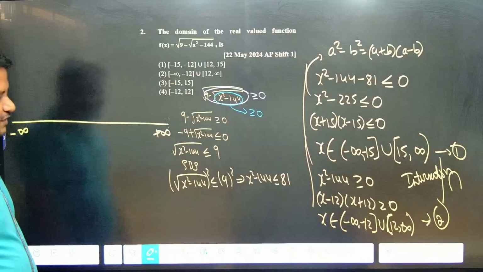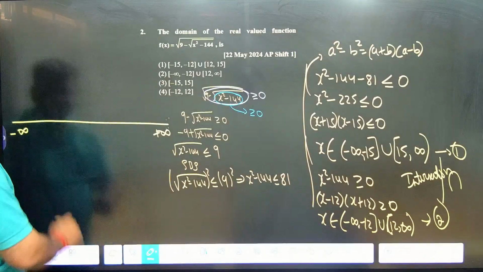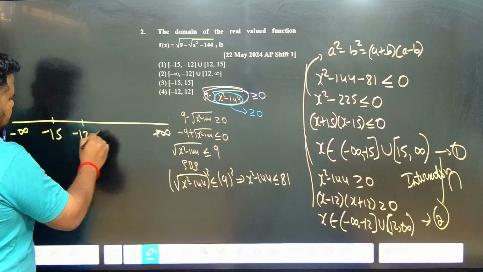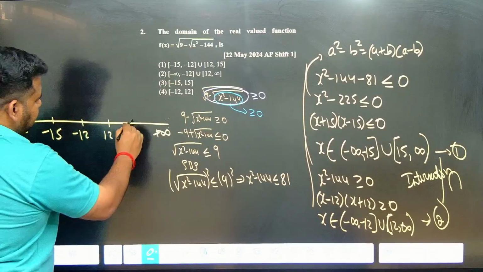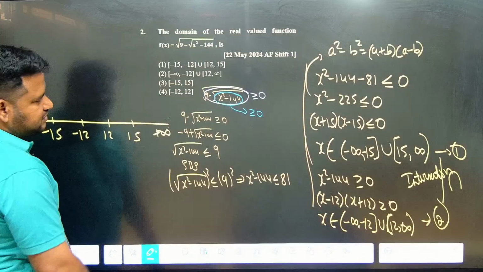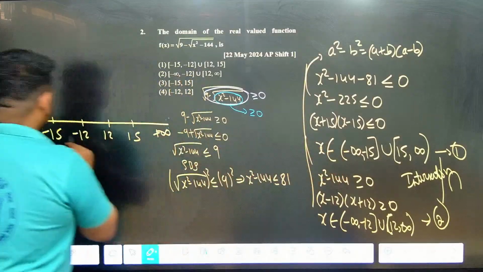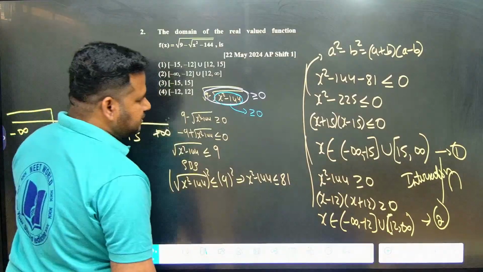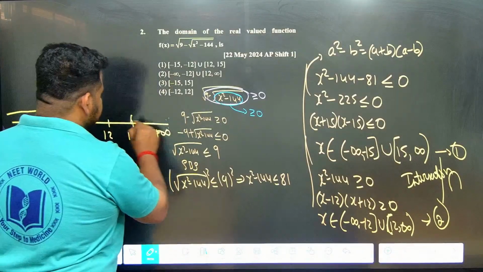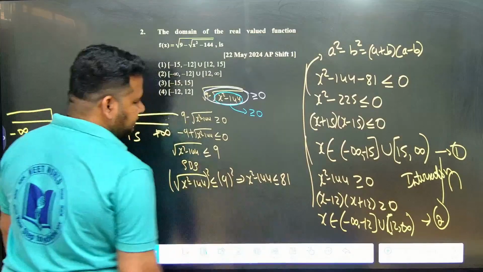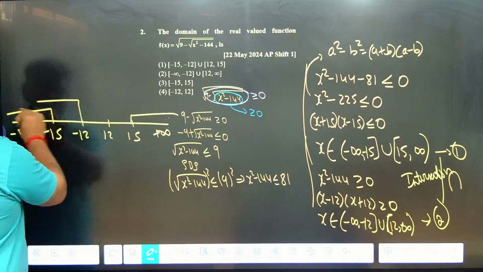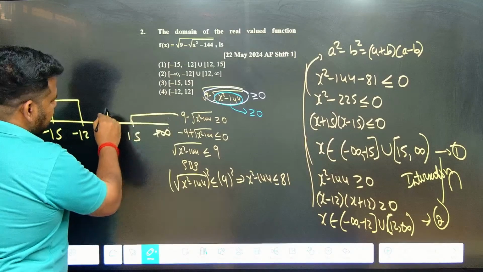What are the points we have? Arranging them in ascending order: minus 15, minus 12, plus 12 and plus 15. First this one is minus 15 and minus infinity, next 15 and plus infinity, then minus 12 and minus infinity, and plus 12 and infinity.